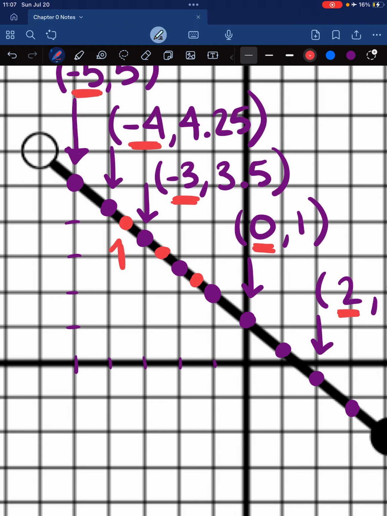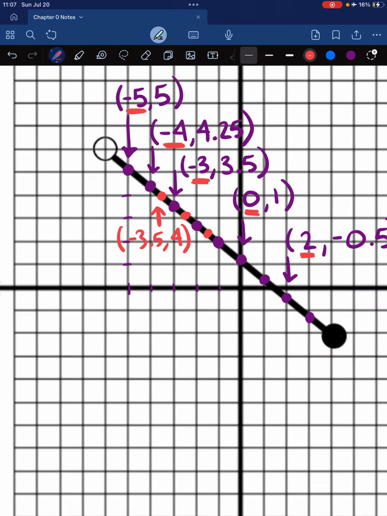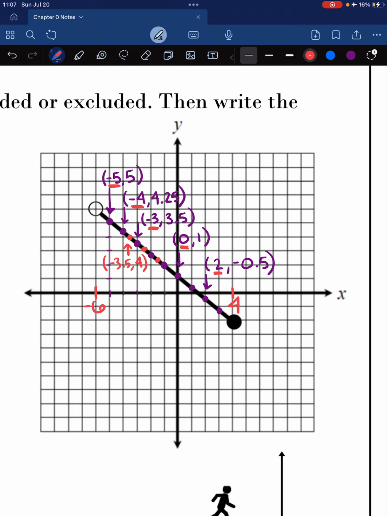I could have done halfway on some of the x's, and like this point right here, that would be negative 3.54-ish. So there are a bunch. There's an infinite number of x values, but I know for sure all of the x values are always going to be in between -6 and +4.